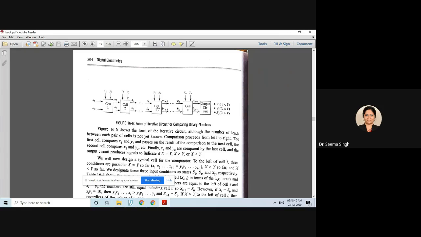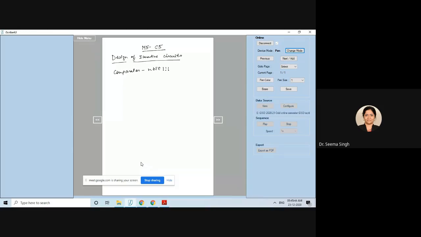But when we talk about comparison, suppose I want to compare, just for an example, x4, x3, x2 and x1 with y4, y3, y2 and y1. This is a simple 4-bit number I am trying to show.